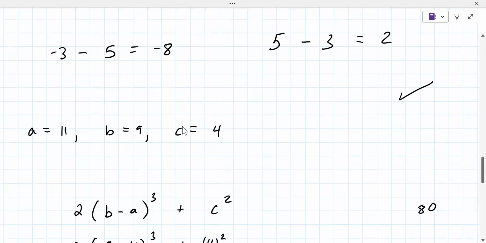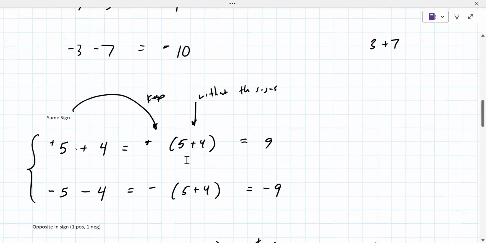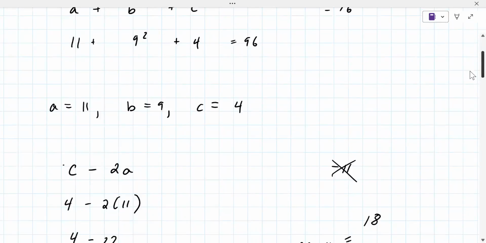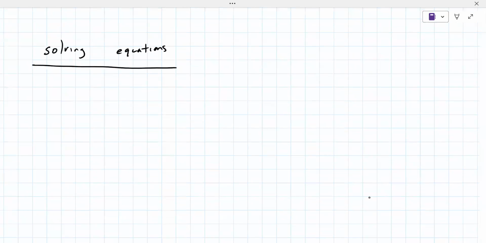The variables had equal signs, they're assigned a value, but there's been no formal equations. These have all been what are called expressions. So first thing is that equations have an equal sign in them. Expressions do not.